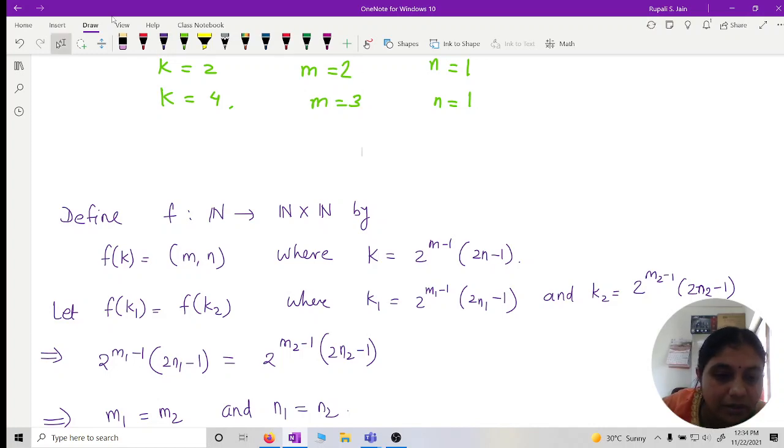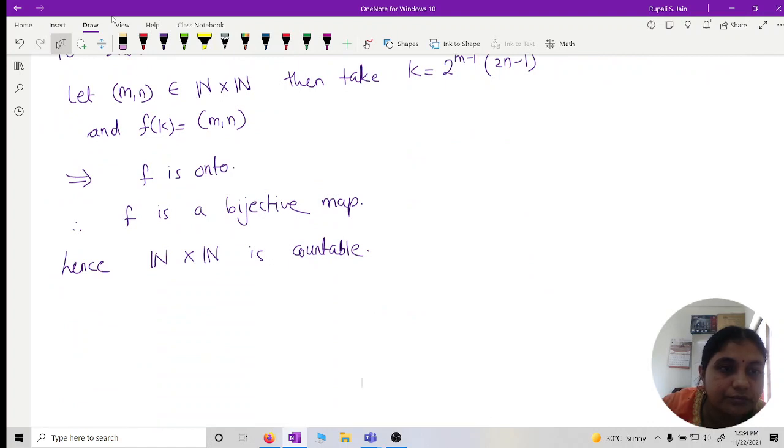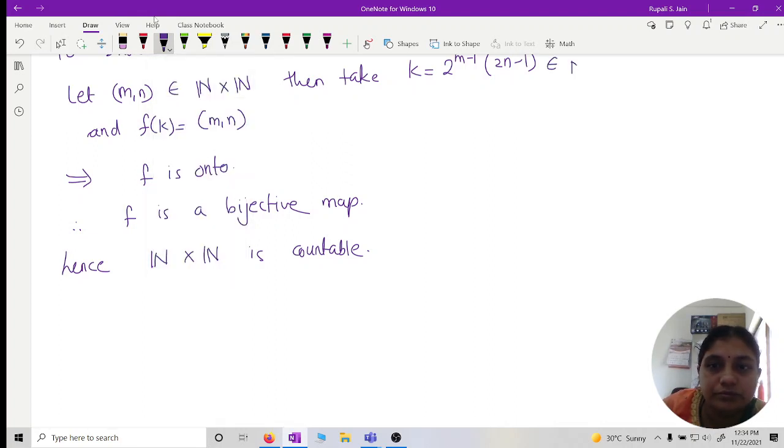The same thing I have written here. Start with any arbitrary element from the codomain N cross N, and then you will have a k which belongs to N. So it will be onto.